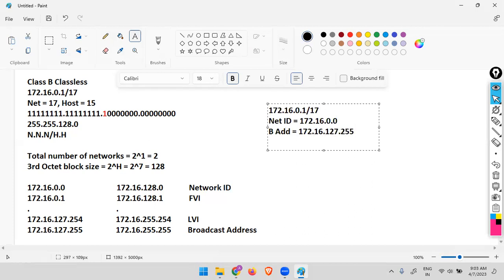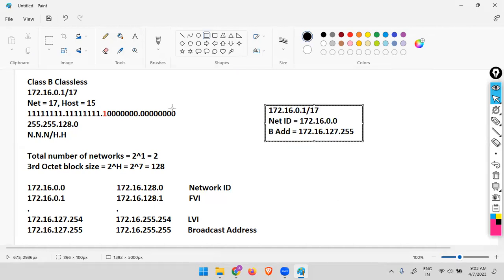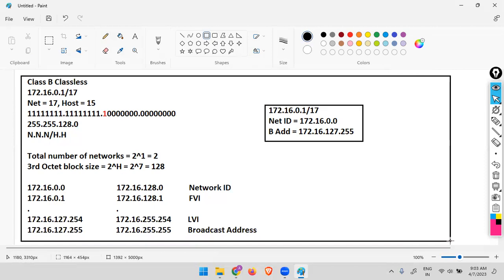Correct. This is clear. It doesn't matter what the IP address is, accordingly you can check. We will always focus on the slash value, and that will give you the answer. I'll be sharing this print file, so no need to note down.